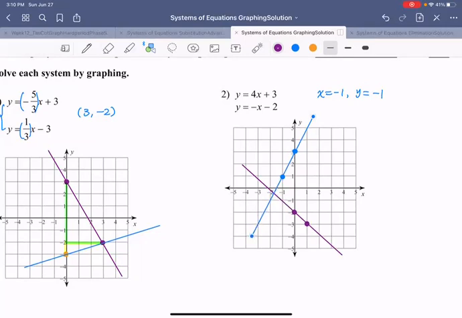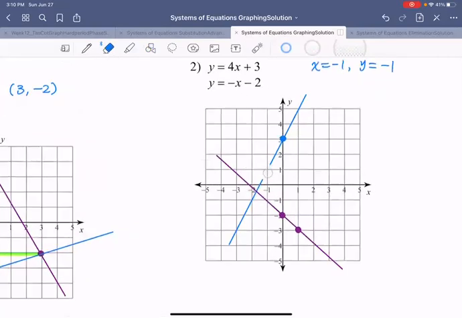Oh, this one, I don't think I drew it correctly because my point here is wrong. No wonder, look at the grid here. This one, I drew it wrong because -1 is not on the correct spot. -1 is here, right? Yes. So I want to erase the line here and redraw it.